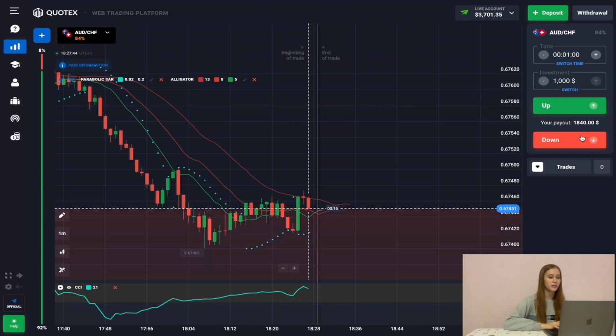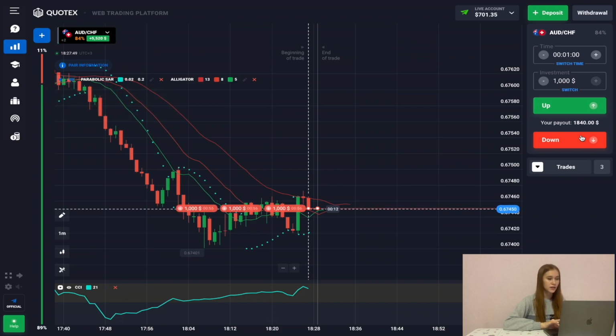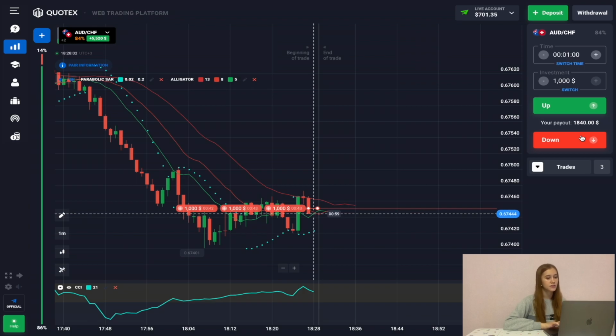Let's open our triple trade here. As we will see, we also expect a decline in the price. We see that we have a downtrend, also based on this green candlestick that preceded us.